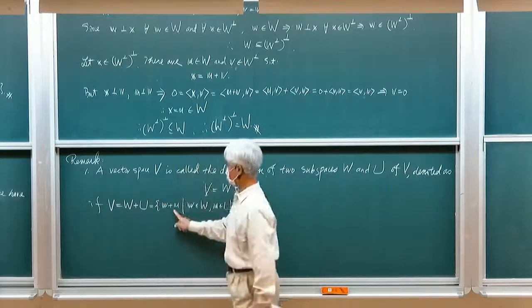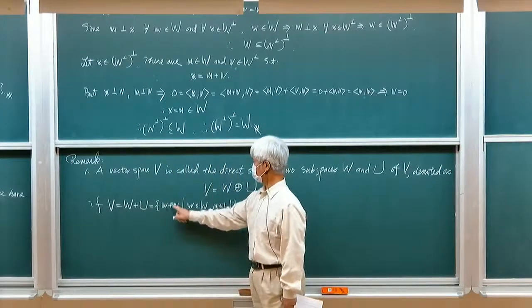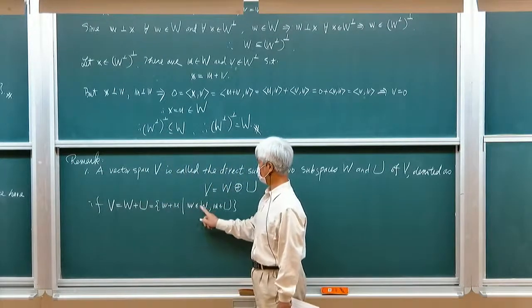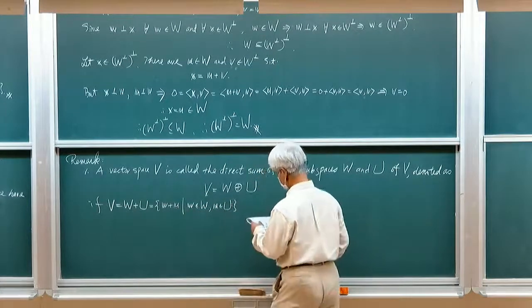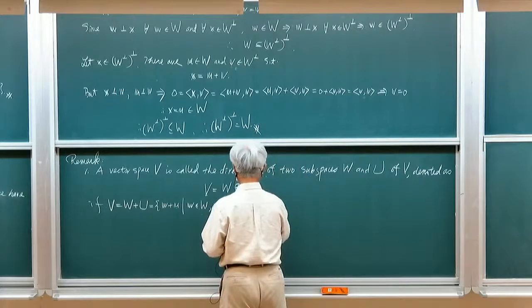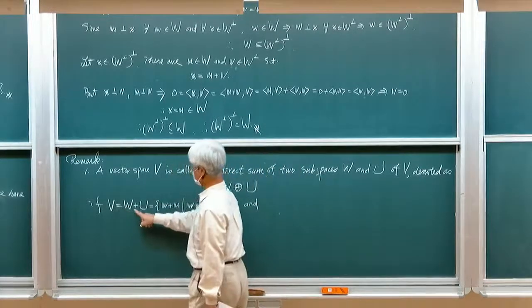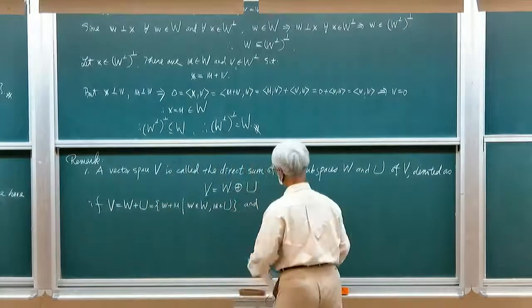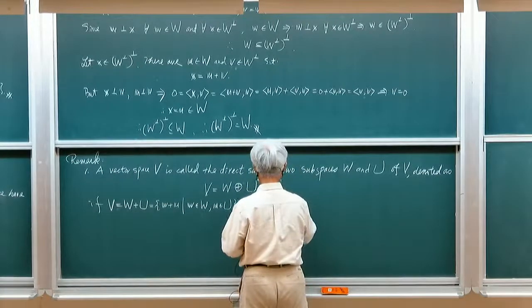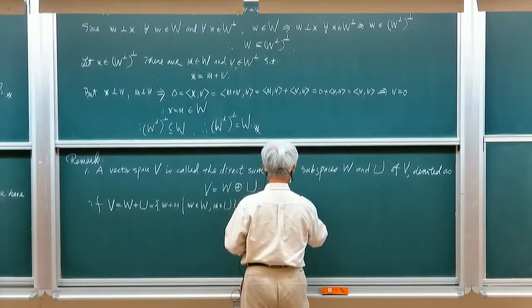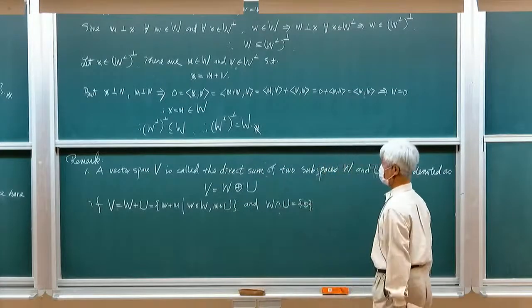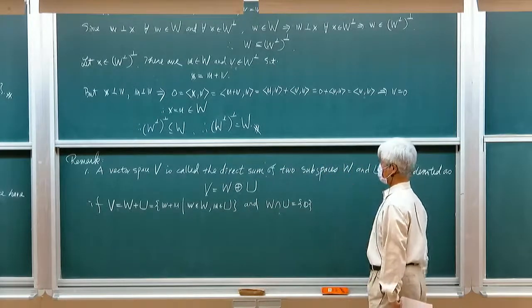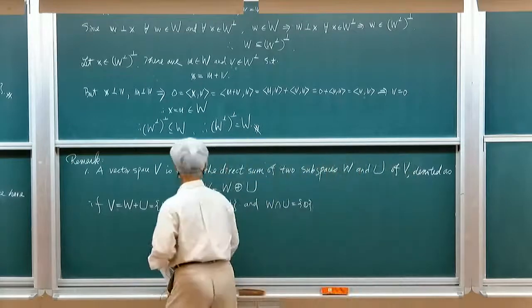Just form the sum, where the vector w is from the capital W, and the vector u is from the capital U here. All right, so V is the sum of these two subspaces, and the intersection of these two subspaces is the zero, is trivial.